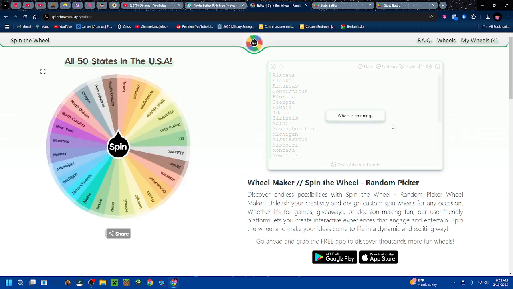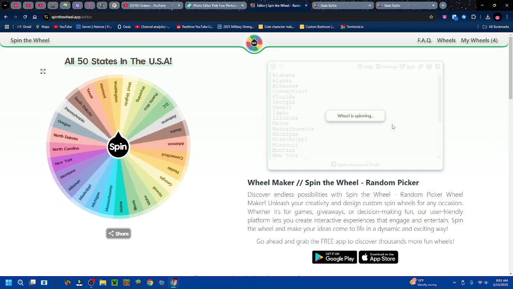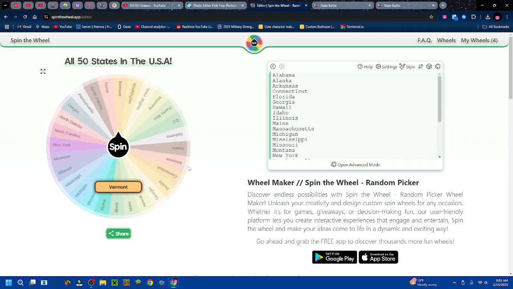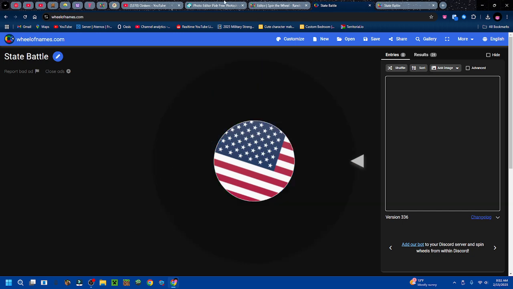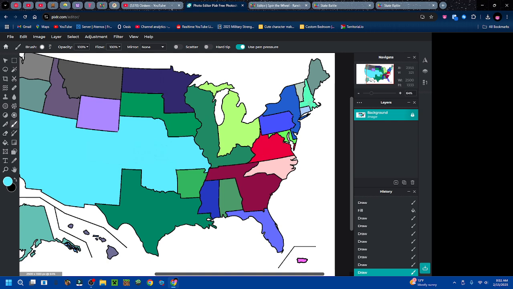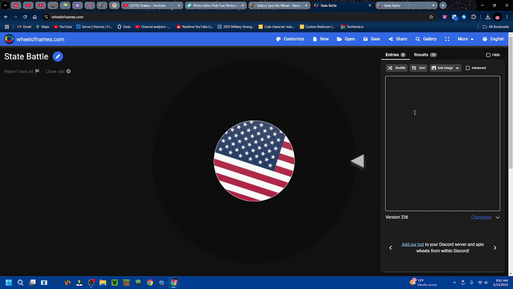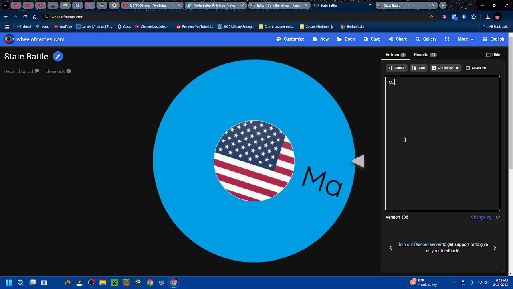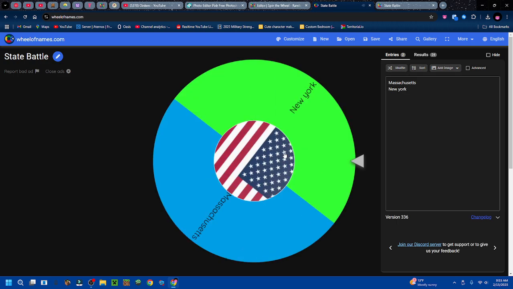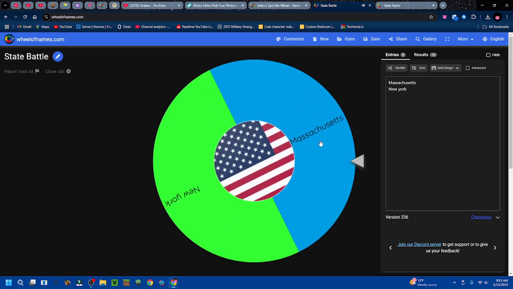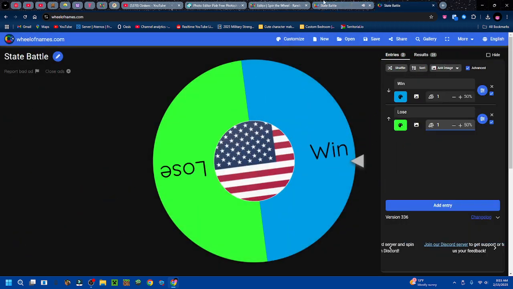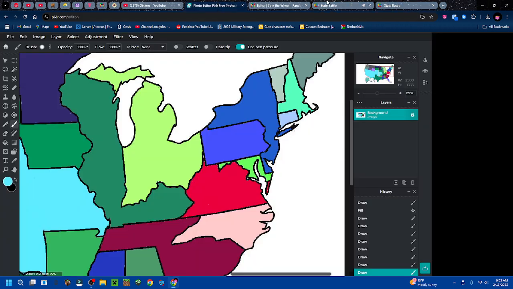Next up is Vermont. They haven't really done anything yet. But Vermont borders Massachusetts, New York. That's all. Looks like they're going to be attacking Massachusetts. Massachusetts owns 3 different states.